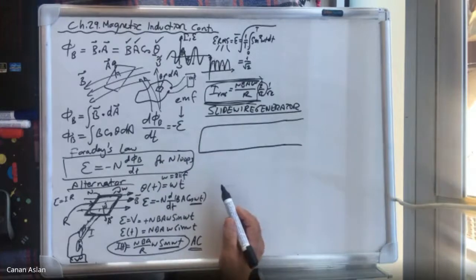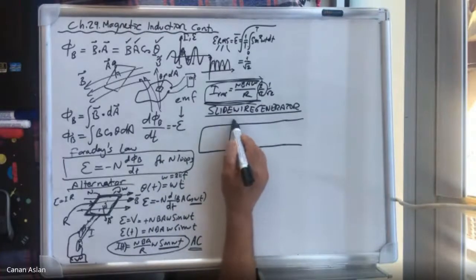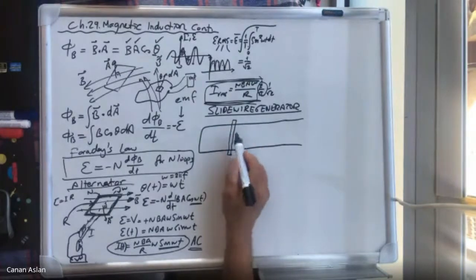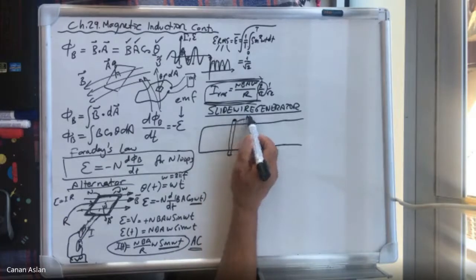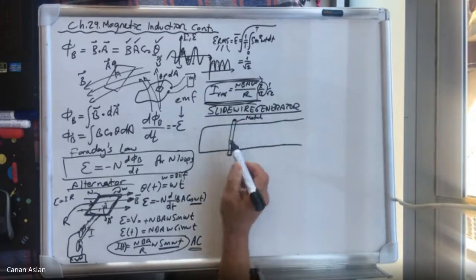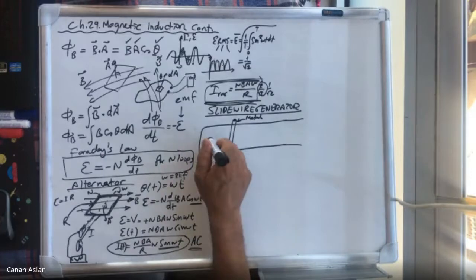This is a conductive wire, and then on top of this wire we put some kind of rod, not necessarily rectangular in shape. The cross section can also be circular. So the shape doesn't matter, but this must also be metal, or just conductive. And then what we do is that we also apply a magnetic field downward.